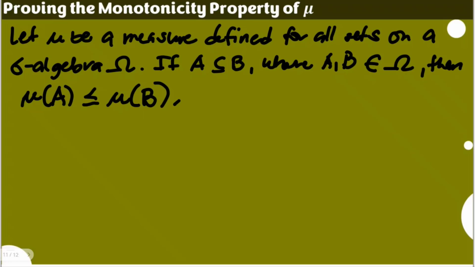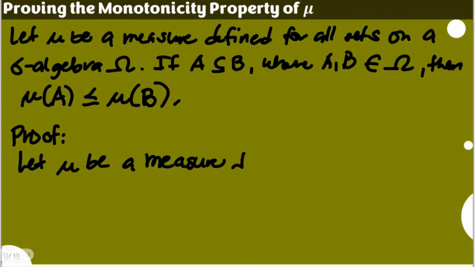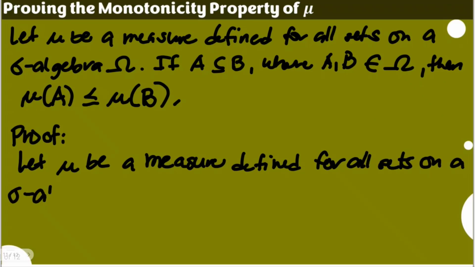So of course, the start of the proof will be stating the assumptions. Let mu be a measure defined for all sets on a sigma algebra omega.